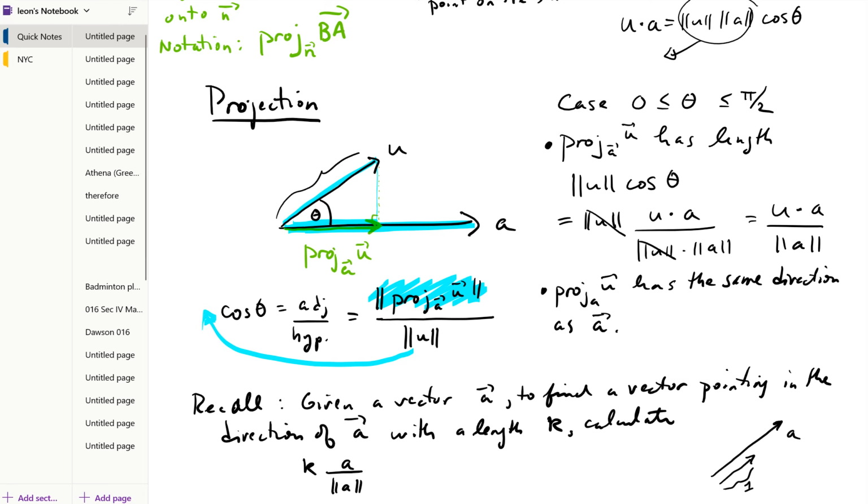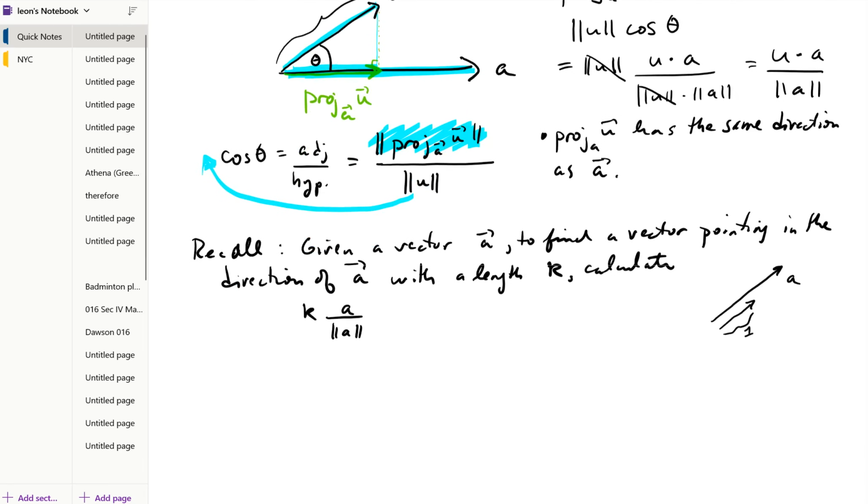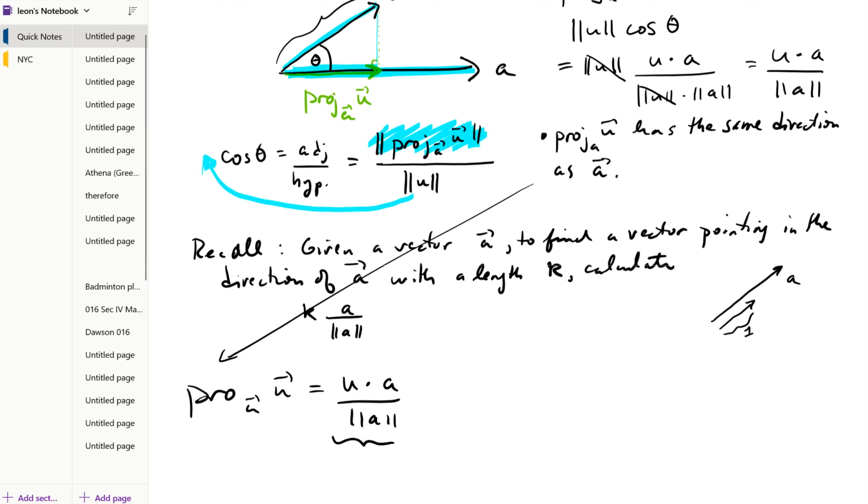So, coming back to my example here, what's the projection of u onto A when they make an acute angle? I multiply the length of my vector, that's kind of like my k, times the unit vector A over norm of A, pointing in the same direction as A. And what do I get here?